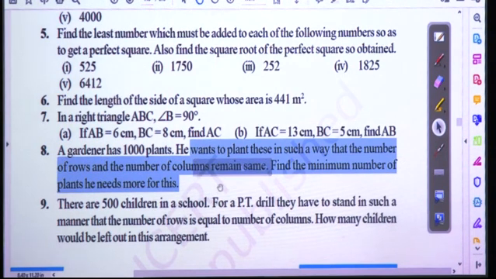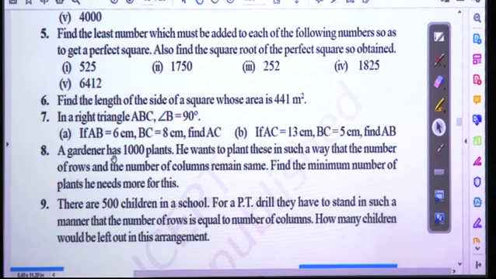A gardener has 1000 plants. He wants to plant these in such a way that the number of rows and the number of columns remain the same.